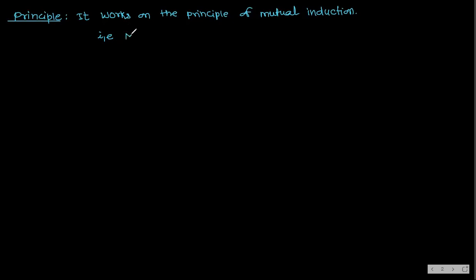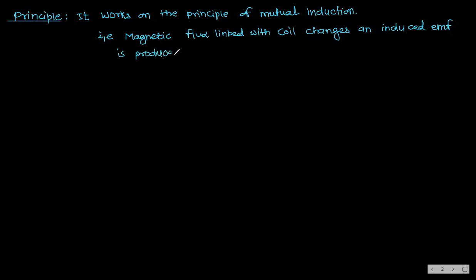So I'm writing like this. That is, magnetic flux linked with coil changes and induced EMF is produced in the other coil.